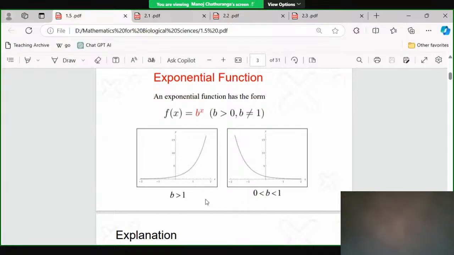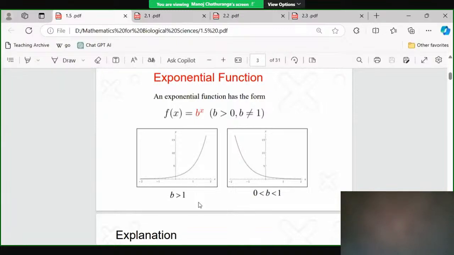So even though you have two intervals of choices for b values, now because of this mirror symmetry, you can choose your b to be bigger than 1. For exponential functions, if you know the behavior of the function for base value bigger than 1, then you know about all possible exponential functions.